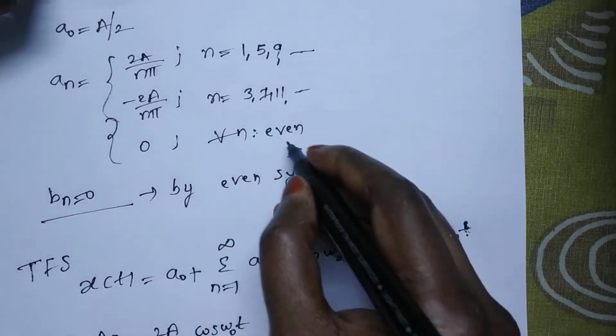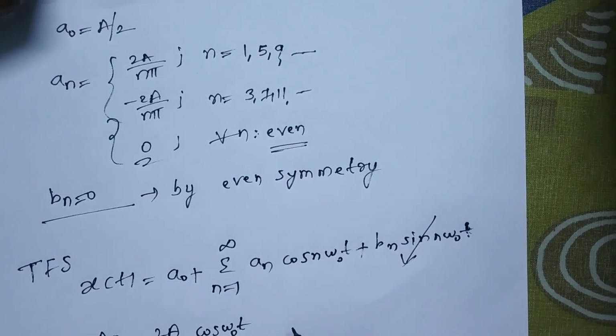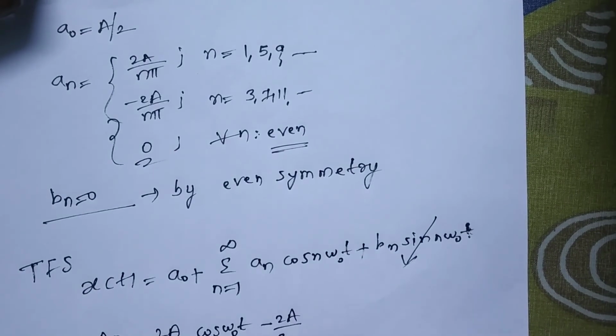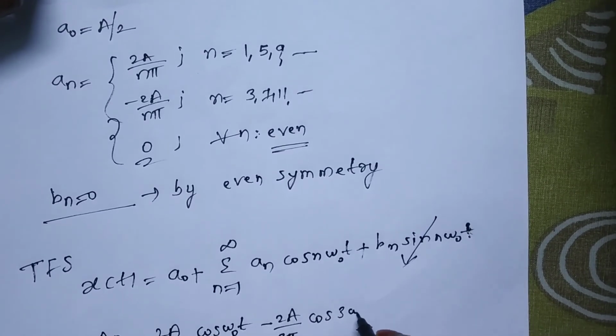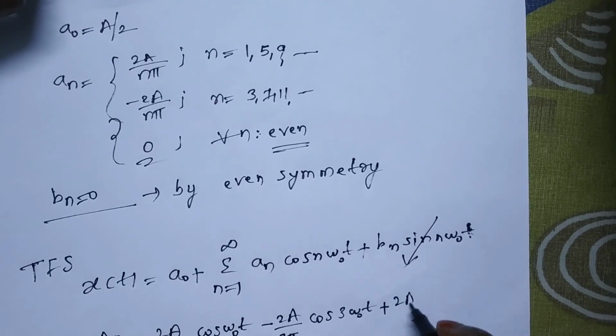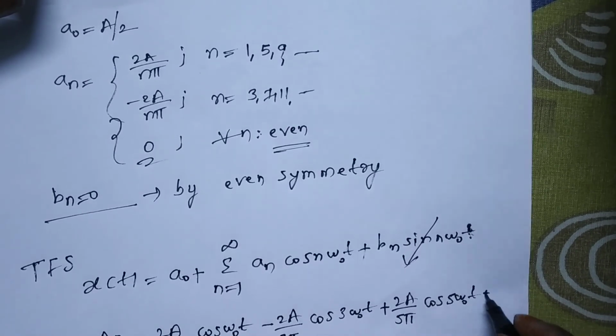For even n also, the An value is 0, so no need to substitute. For n is equal to 3, it is the minus value, minus 2A by 3 pi cos 3 omega naught t. Next, n is equal to 4, 0. For n is equal to 5, plus 2A by 5 pi cos 5 omega naught t, and so on.